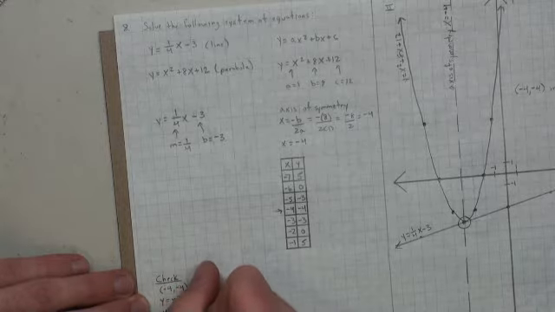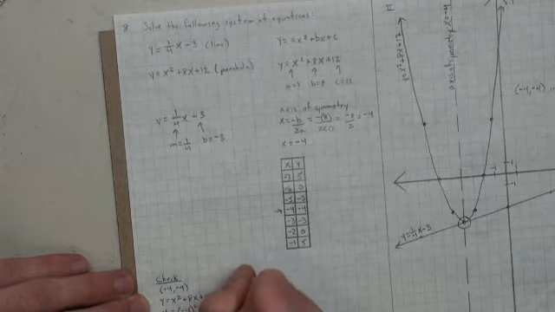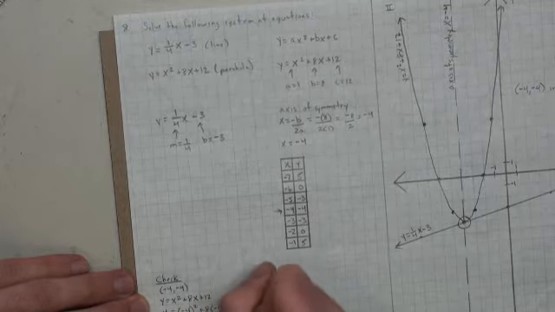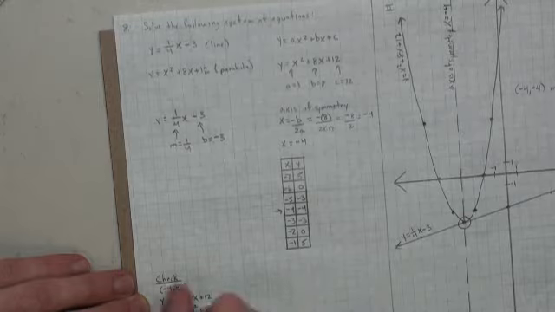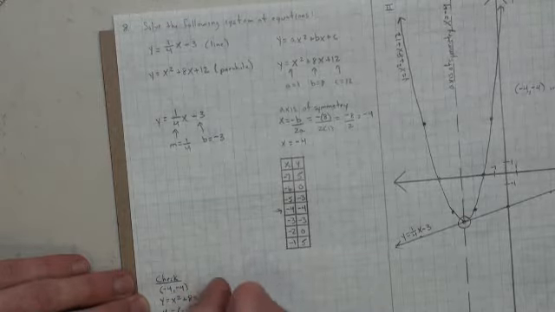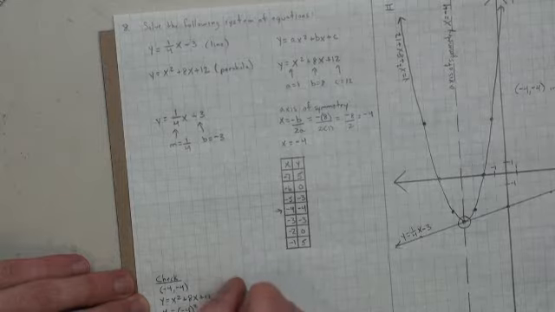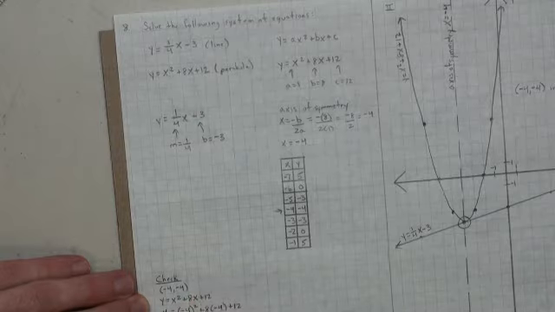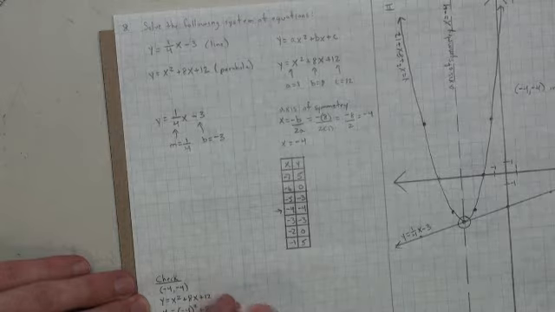Negative 4 equals negative 4 squared plus 8 times negative 4 plus 12. Negative 4 equals 16 minus 32 plus 12. Negative 4 equals 16 minus 32 is a negative 16, and negative 16 plus 12 is negative 4.